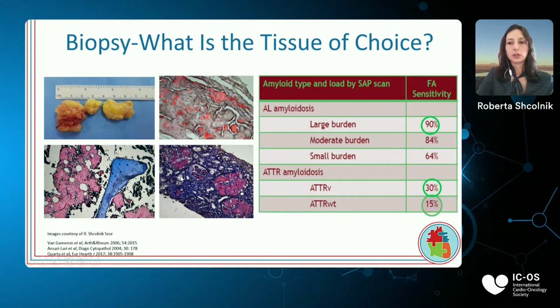It's important to point out that the amyloid type and the burden of the disease influence this positivity. So in AL amyloidosis, the sensitivity of fat pad aspirate or biopsy is much higher than in TTR amyloidosis, and it falls to about 15% in ATTR wild type versus 30% in variant forms and 90% in AL amyloidosis.